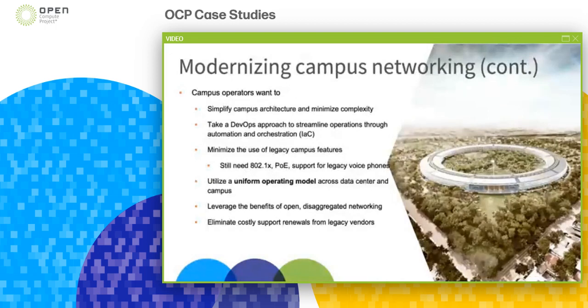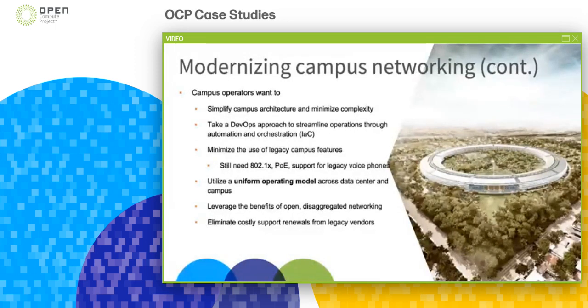Now, in response to these trends, campus operators are updating their network design. The most important criteria for a campus operator is to take the opportunity to simplify the campus architecture and to minimize complexity.